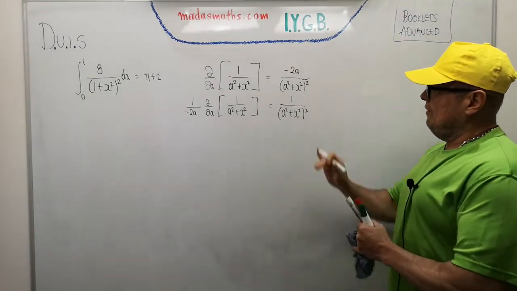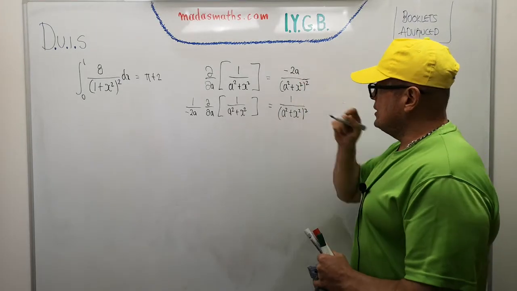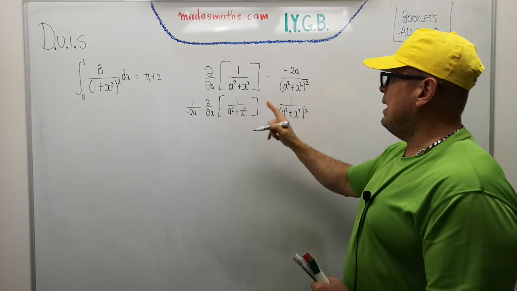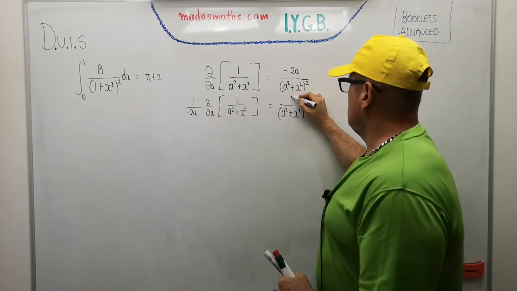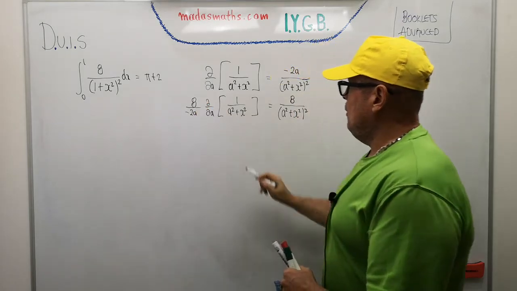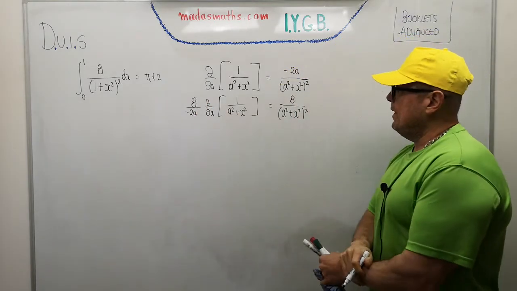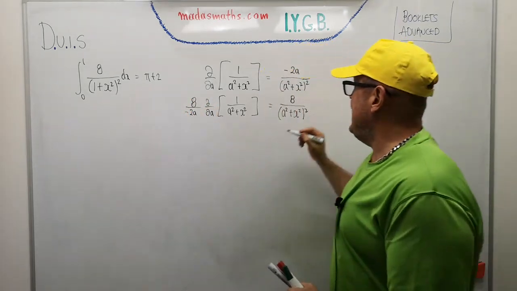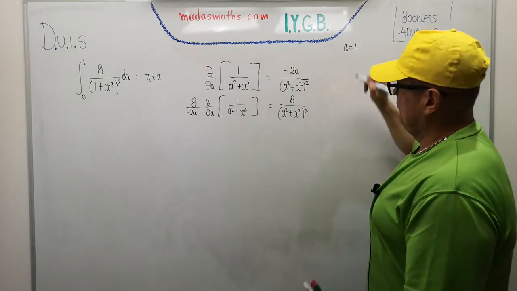Okay, so far I've divided this term, and in order to make it even better, I'm going to times both sides by 8. So I'm going to do it as it is there, 8 and 8 here. So this is definitely the same as that. And of course, this is exactly what I've got in there, but for a equal to 1 if you want.